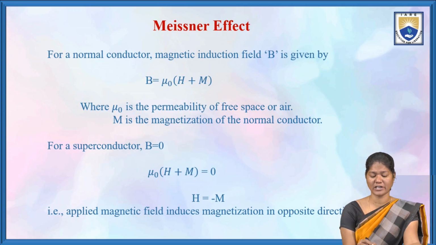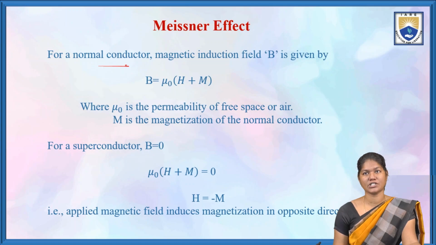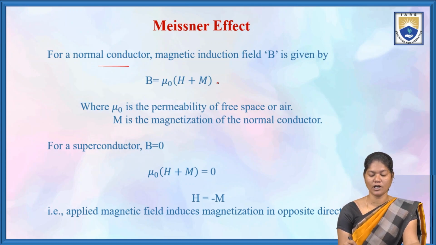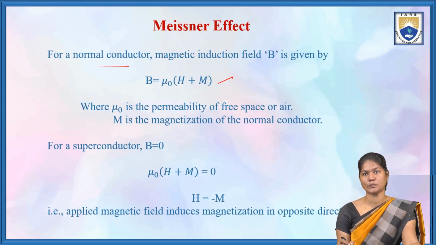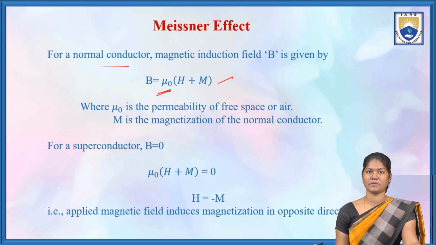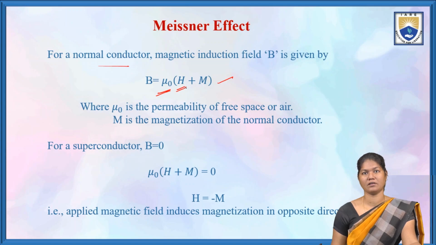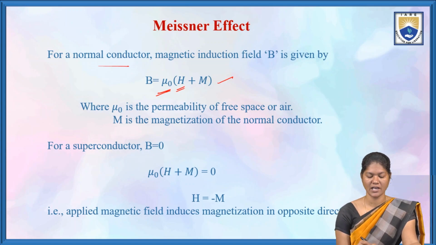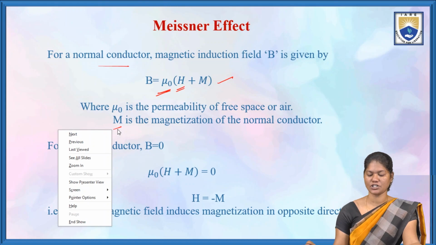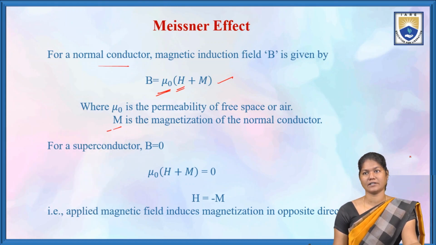So for a normal conductor, magnetic field induction B is equal to mu naught of H plus M, where mu naught is the permeability of free space, H is the applied magnetic field, and M is the magnetization of the normal conductor.